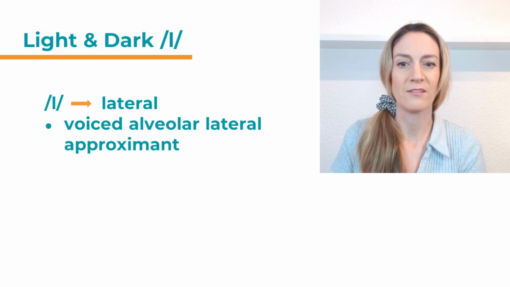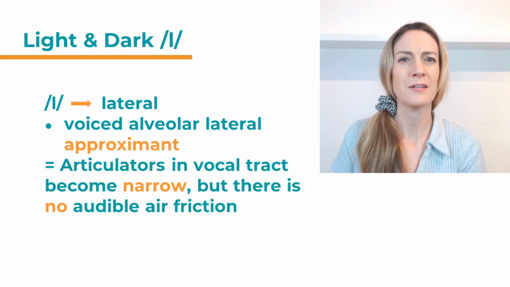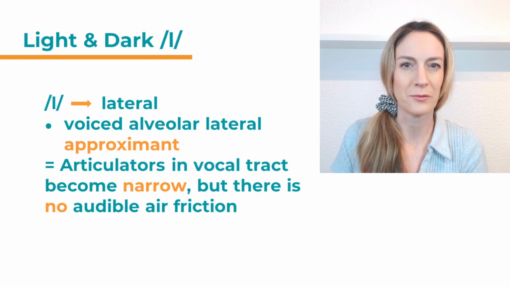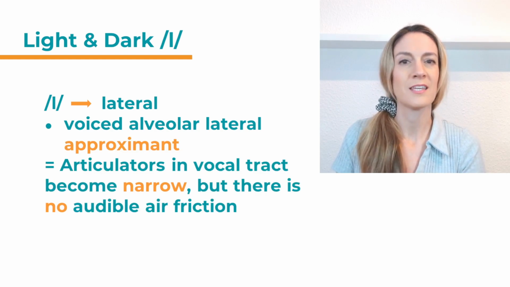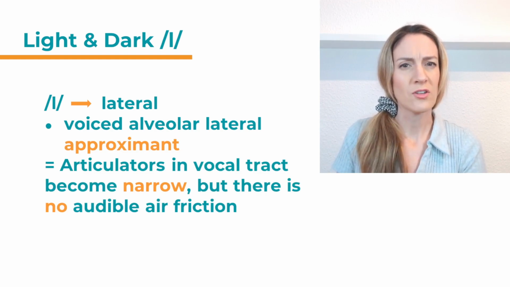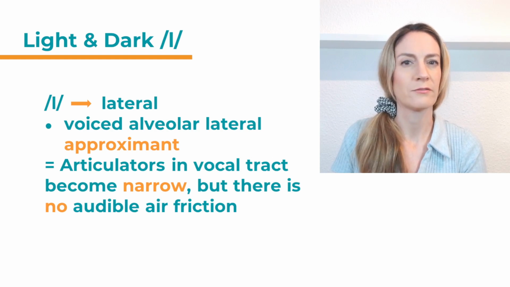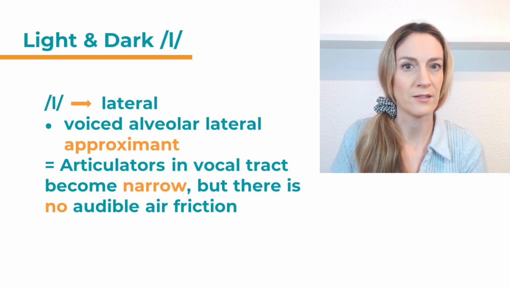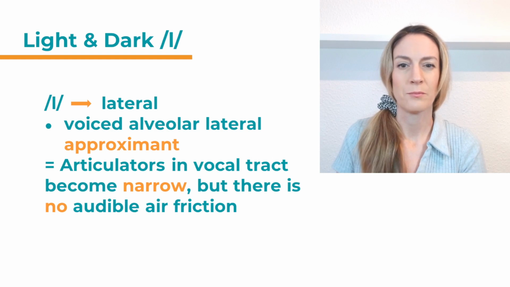So voiced, alveolar, lateral. And approximant, this is a bit of a funny word. That really means that the articulators in the vocal tract become narrow, but not so narrow that we can hear air friction or air turbulence. So that is what an approximant is.